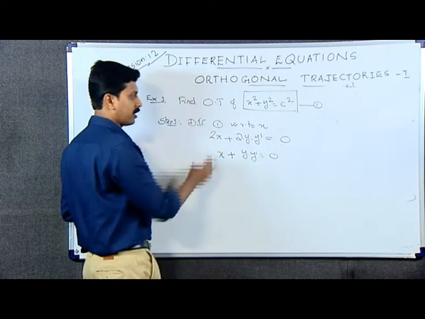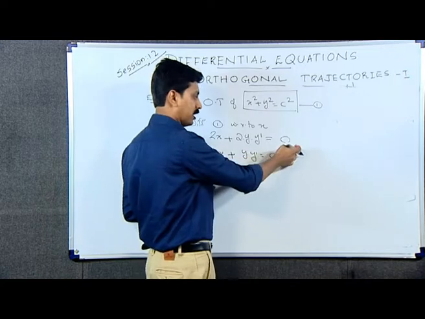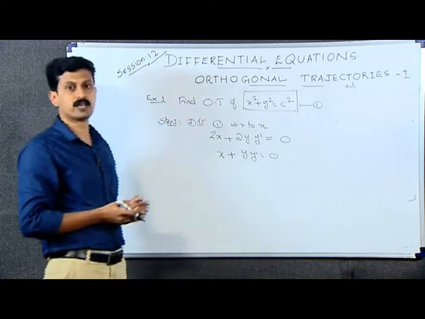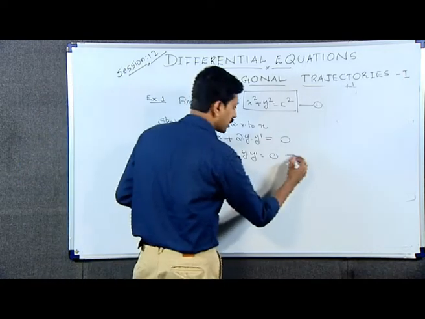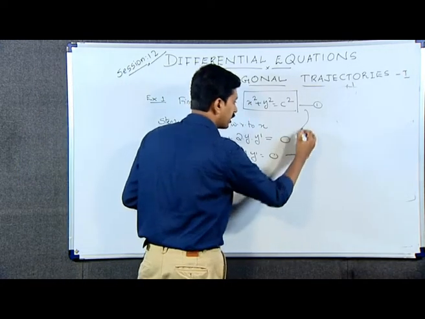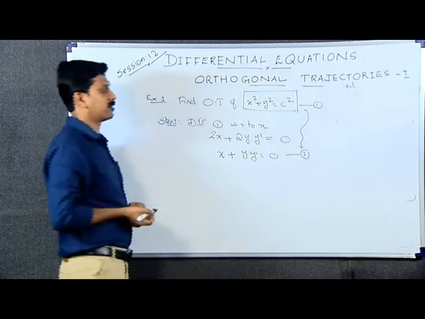I am taking 2 out, and 0 by 2 will again be 0.